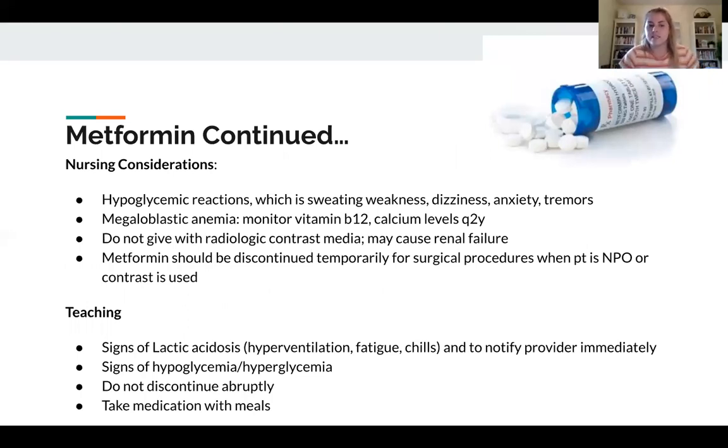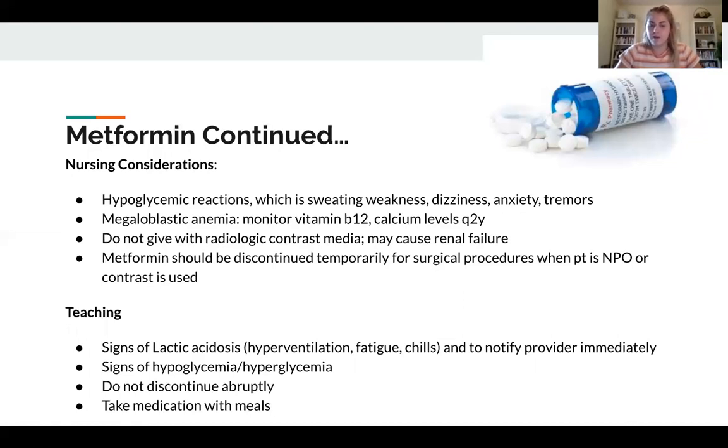Some nursing considerations for metformin are a hypoglycemic reaction, which is sweating, dizziness, anxiety, and tremors. So educate the patient on what it feels like to be hypoglycemic, and monitor B12 levels because it can cause megaloblastic anemia.